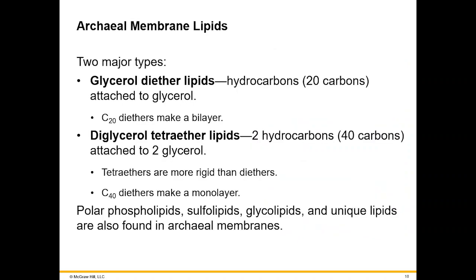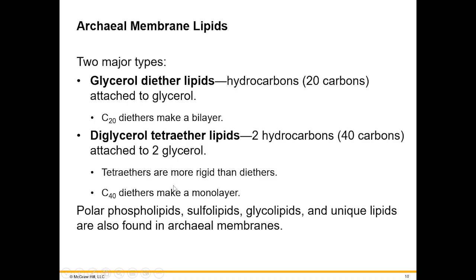The archaeal membrane lipids have two major types. One is the glycerol diether lipids. These are hydrocarbons, take note, 20 carbon hydrocarbons attached to your glycerol. So C20. These C20s make your bilayer structures.